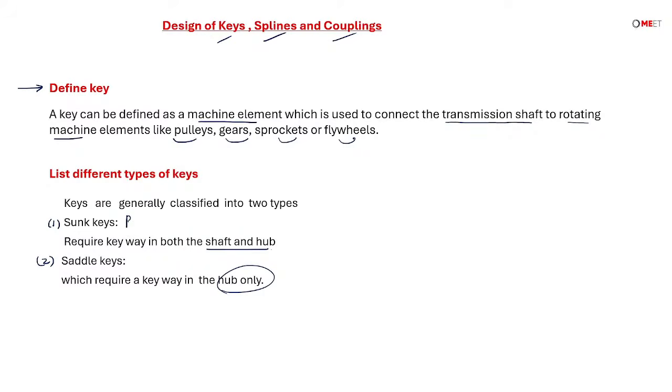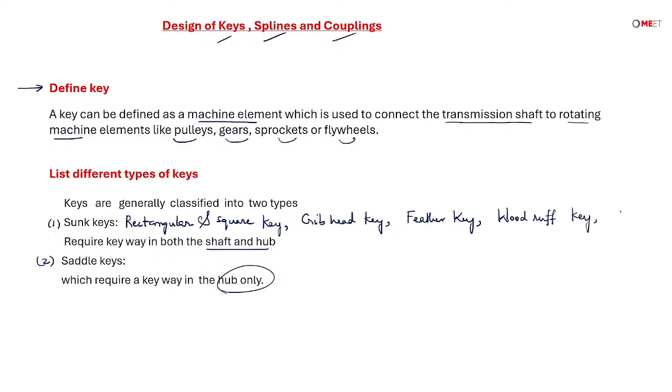Under the sunk key we have the rectangular and square key, the gib head key, the feather key, the woodruff key, the round key and the tangent key. This is the list of keys under the category of sunk keys, and in saddle keys there is the hollow saddle key and the flat saddle key.